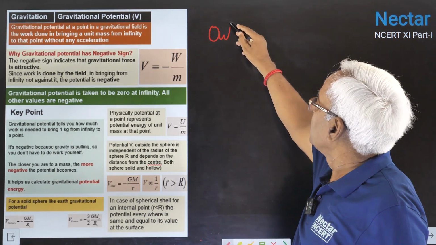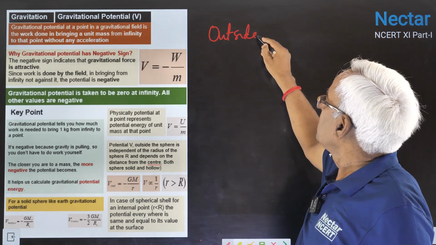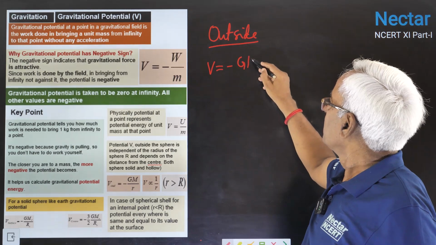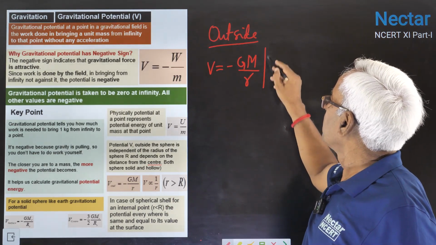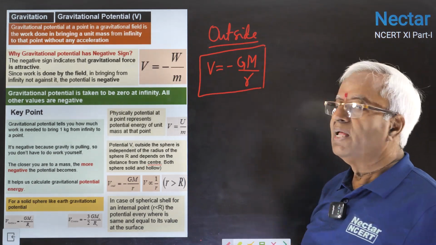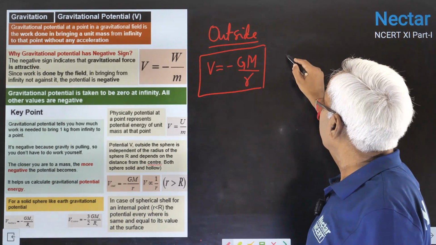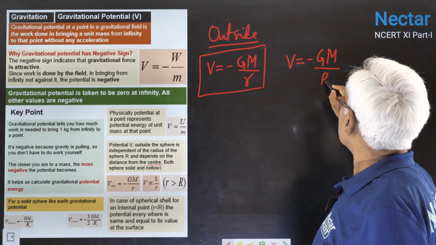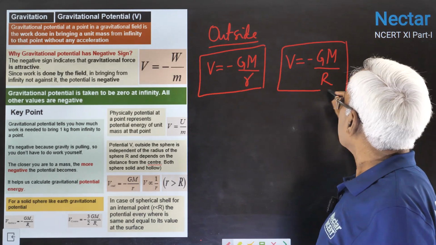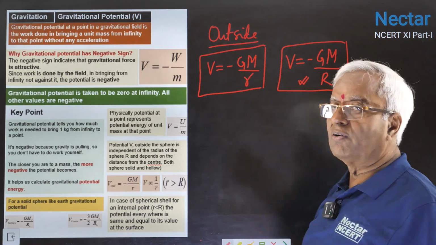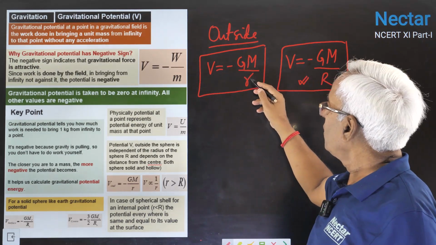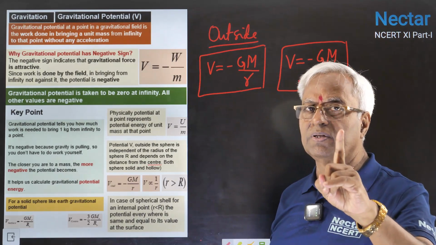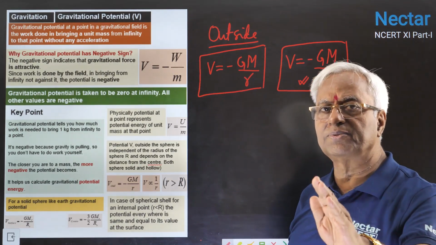For outside the sphere, the potential will be given at a distance small r from the center of the sphere, and on the surface it will be equal to this. Capital R is the radius of the sphere and small r is the distance of a point outside the sphere from the center of the sphere concerned.